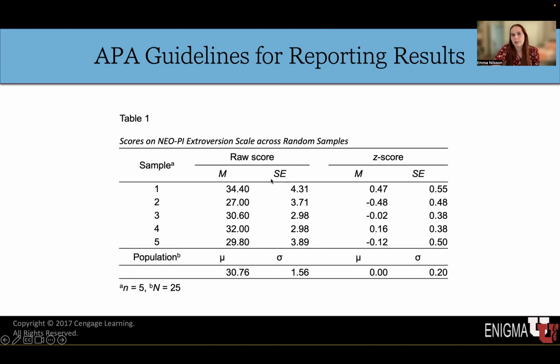Generally, you'll take your sample statistics up here and your population statistics down here, with your mean and your standard error here, the raw score first, and then your z-score that you've translated. Same thing for population, raw score, then z-score. Good note, remember, the mean of your z-score distribution is always going to be 0.